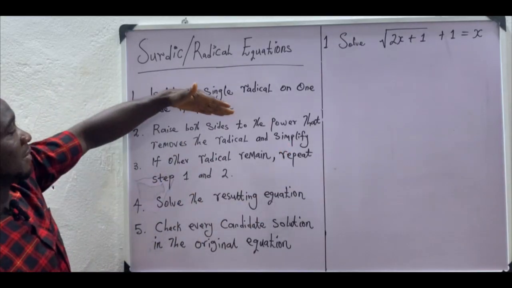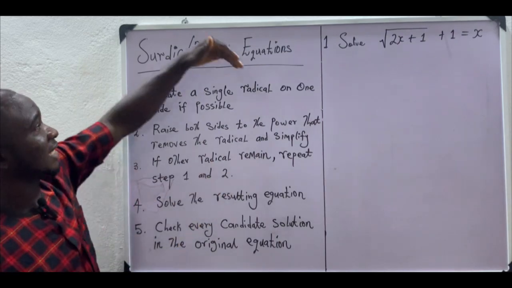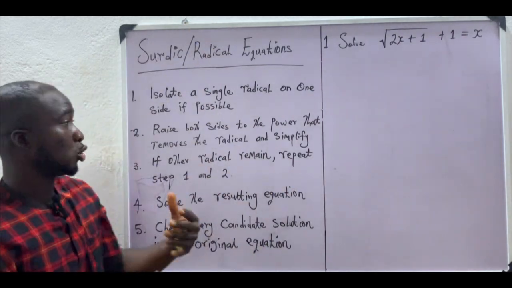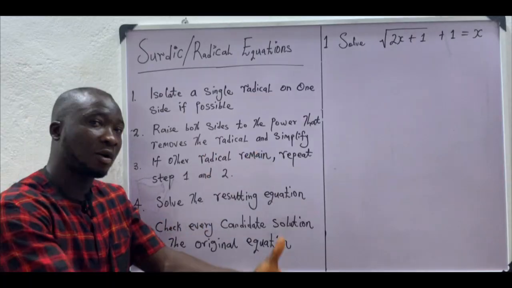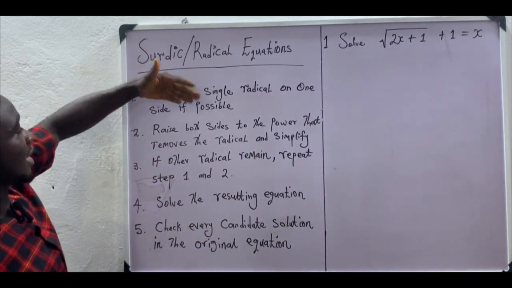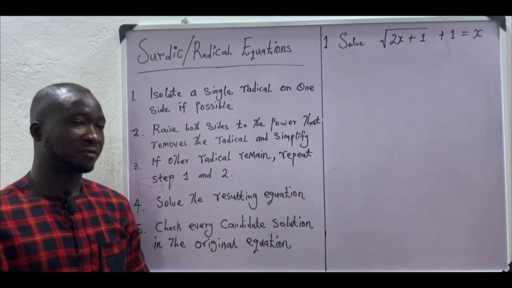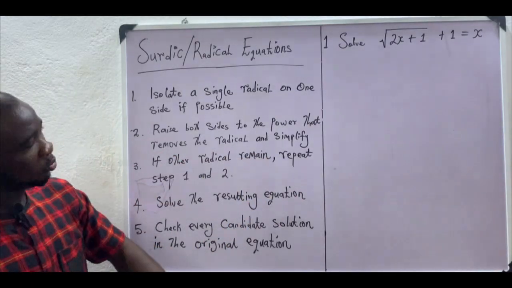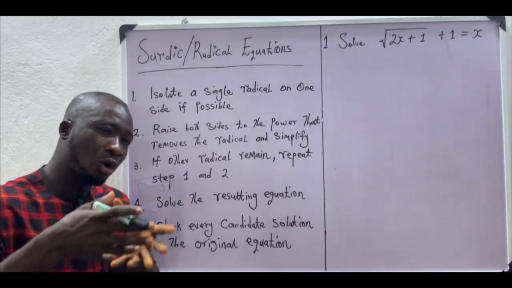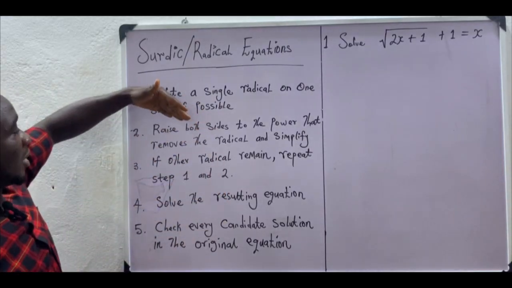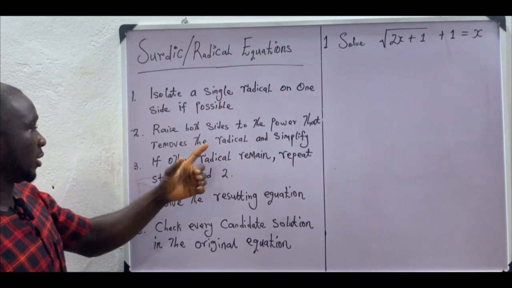Now, what this simply means is that if the radical involves a square root, you raise both sides of the equation to the power of 2. If the radical involves a cube root, then you raise it to the power of 3. If it involves a quartic root or other, depending on the root, you also raise its power to correspond to the root in order to remove it.